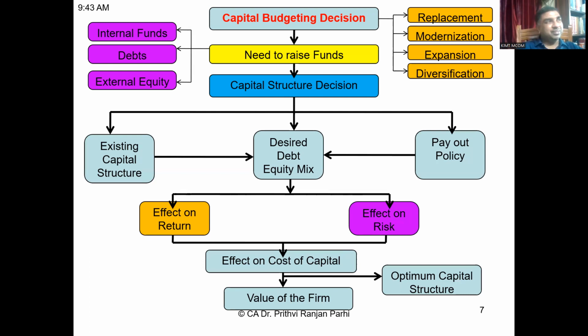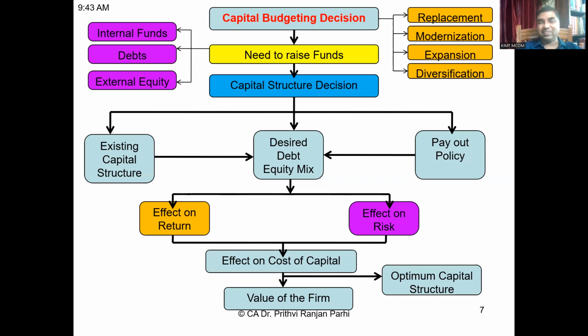If you take more debt, I'm assuming more risk. So the effect on return and the effect on risk also need to be considered when you're taking this capital structure decision. And this risk and return will be affecting the cost of capital. What is that cost of capital, we are going to learn very shortly. And the cost of capital in turn affects the value of the firm. Value of the firm can be maximum if the overall cost of capital is minimum.